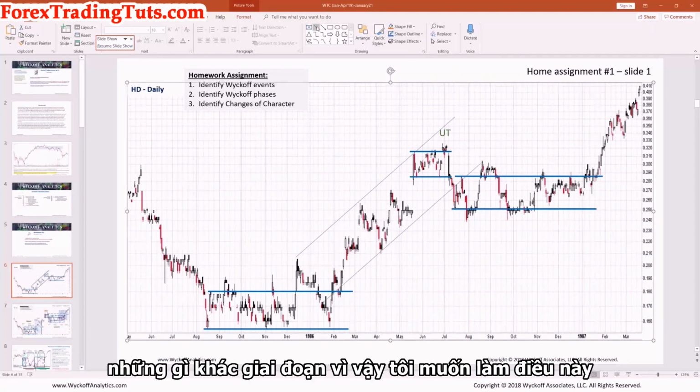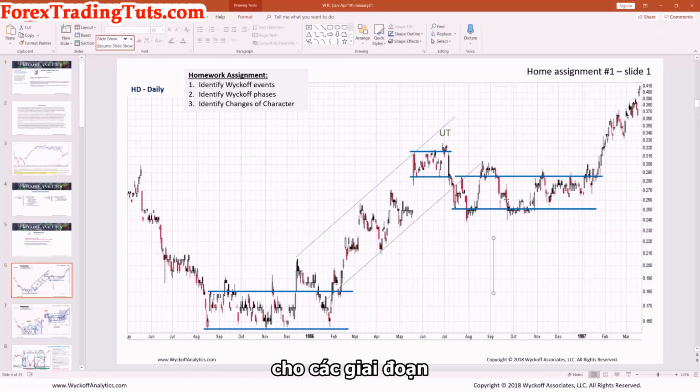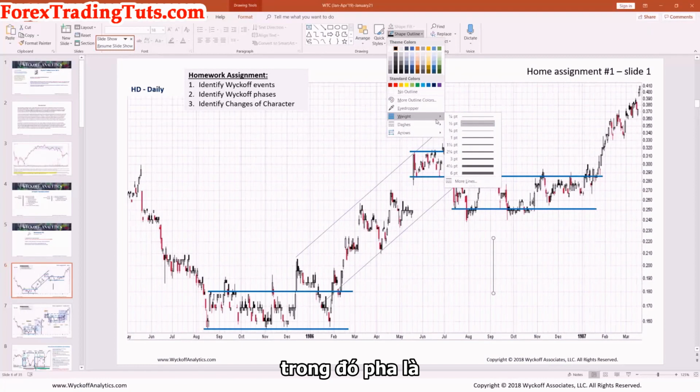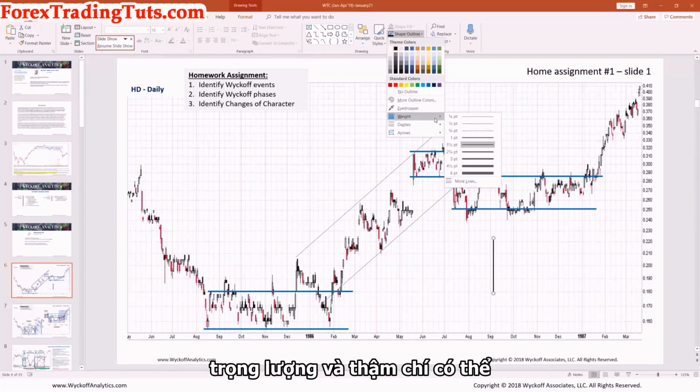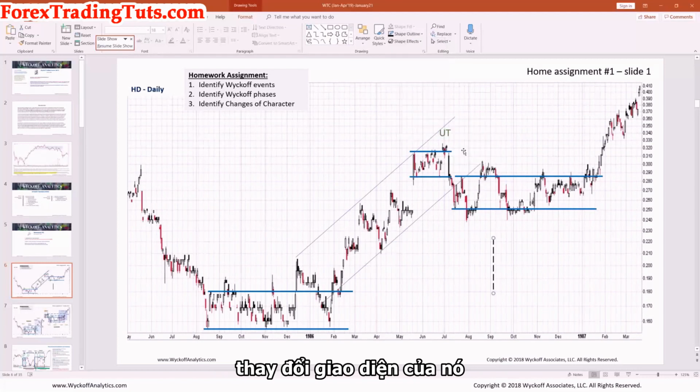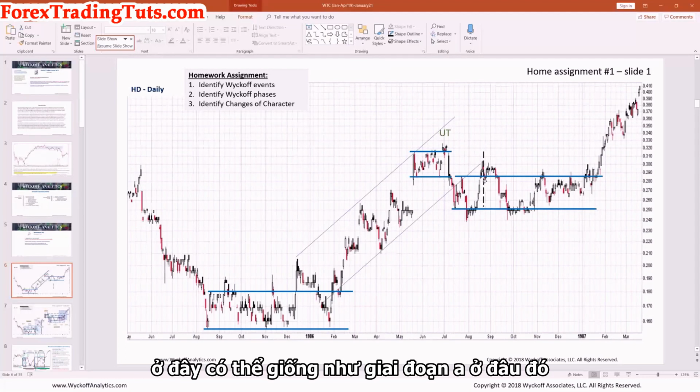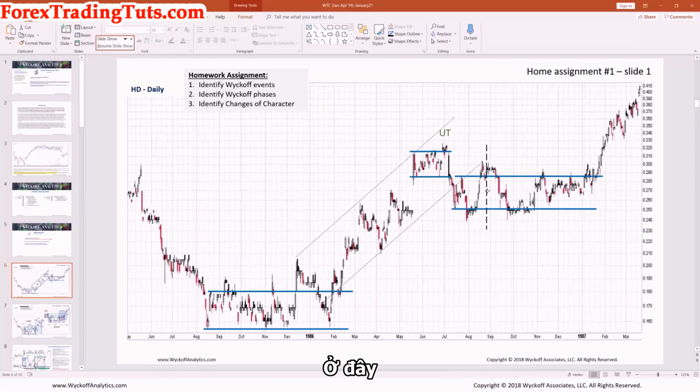What else? Phases. So I like to do this for phases, just to identify where the phase is, and then change maybe the weight, and maybe even change the way it looks, and just say, okay, here is maybe phase A somewhere here, right?